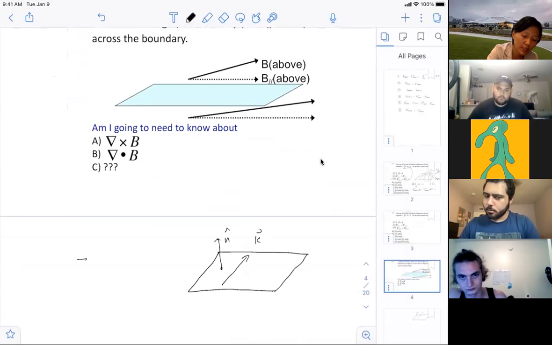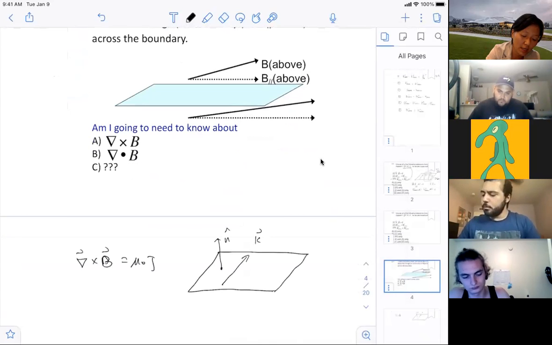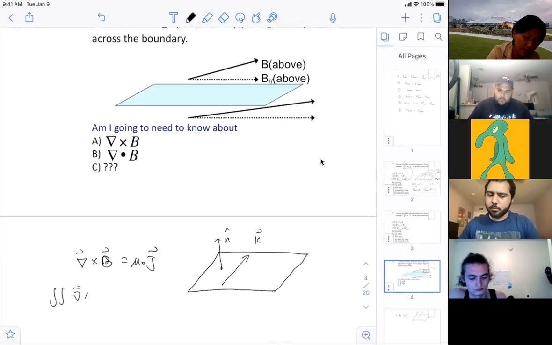So the reason I would say I would need a curl is because of looking at the curl, right? This is mu naught J, and using the Stokes theorem, I can rewrite this using the line integral. If I integrate both sides, the curl of B dA is mu naught J dA.